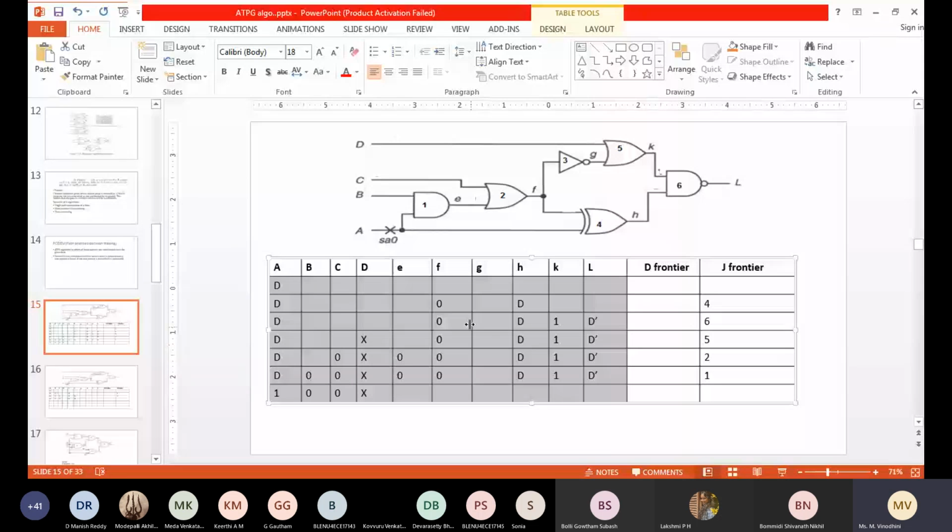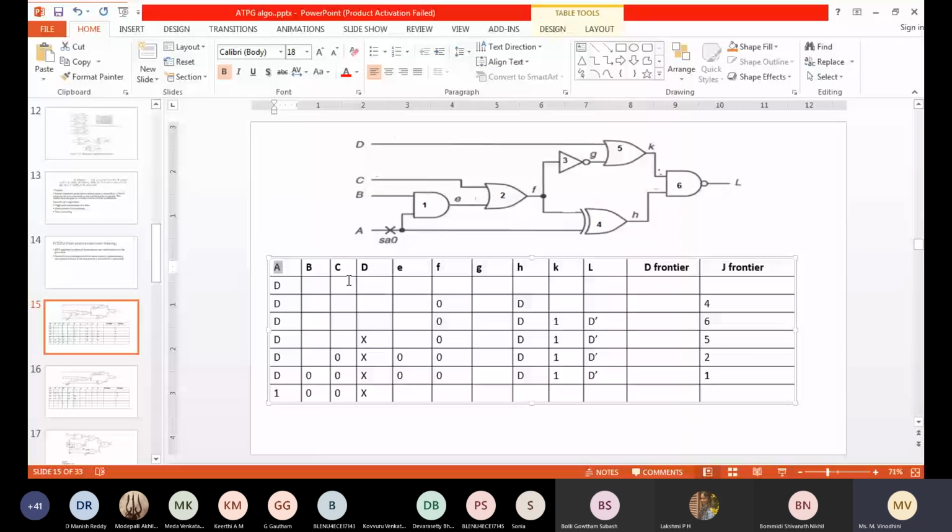This part is same to what you do in the path sensitization. You fill there only everything, but here you are doing it in a table. And this is also same as what you do in the D algorithm third step.